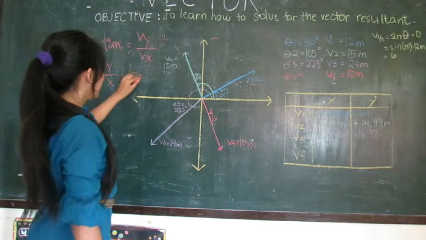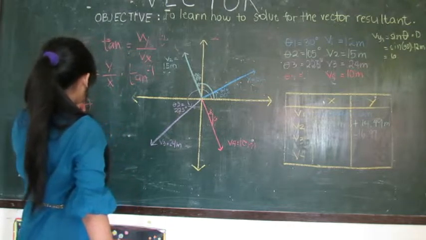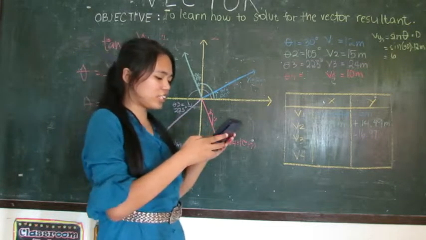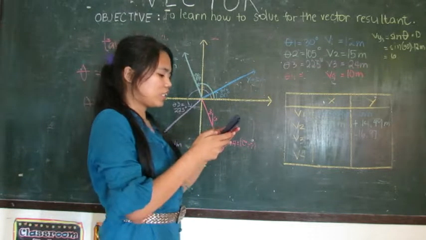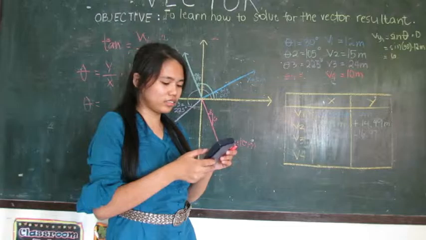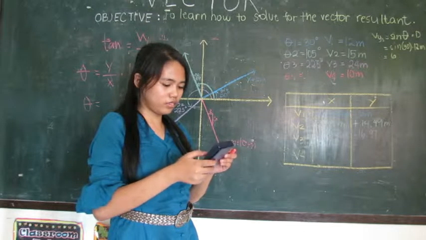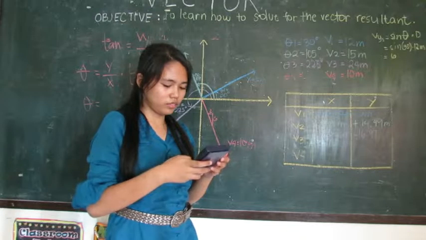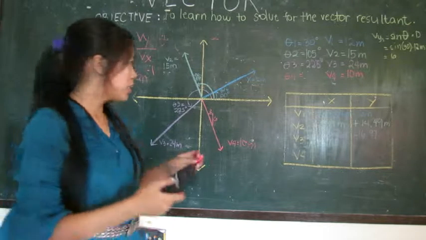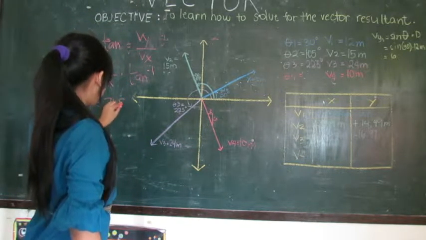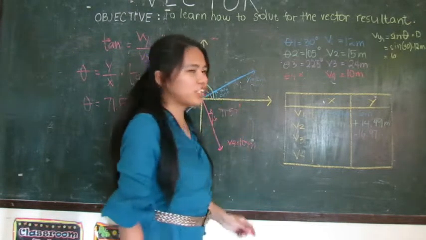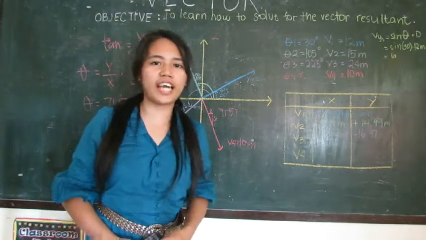Let's try to solve that. 6 divided by 2, then tan negative 1. The answer is 71.57. So that is the angle, 71.57 degrees.